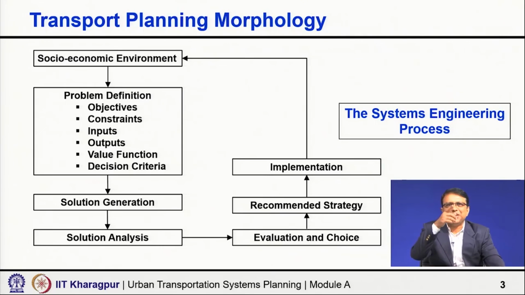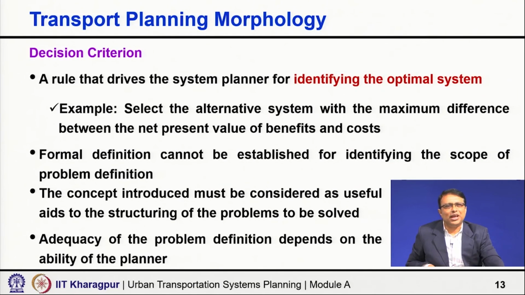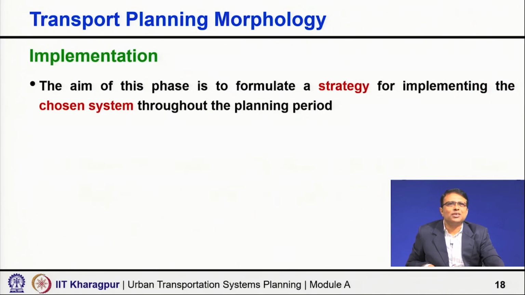So, just remember that we are coming from problem definition, then solution generation, solution analysis, evaluation of choice, identifying the recommended strategy, then implementing it, and the arrow going back to the socioeconomic environment, because over time again you will find you will be required to carry out similar work. Okay. So, that is what it is.